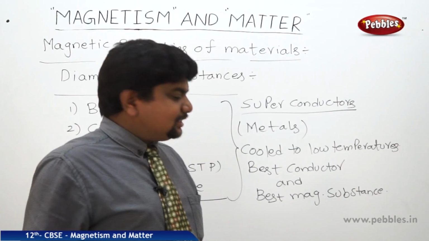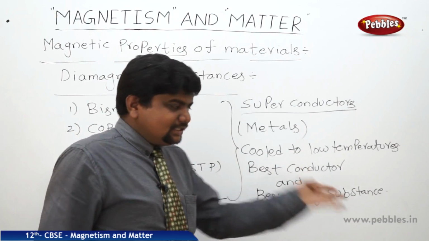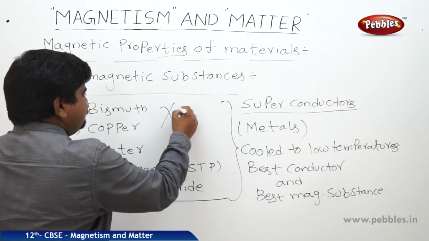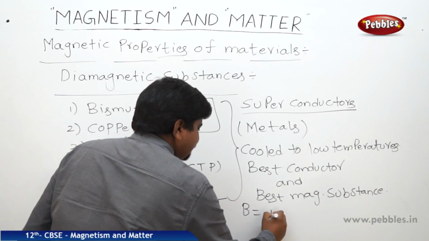These superconductors are repelled by the magnet and magnets repel the superconductors. So as we discussed, the chi value is -1. Therefore, B is equal to -H.